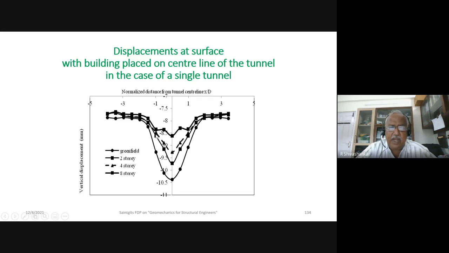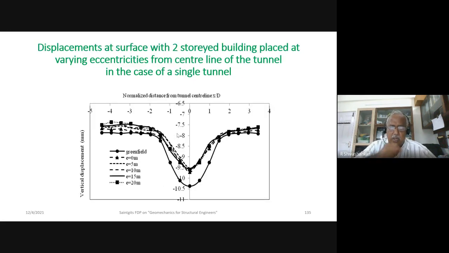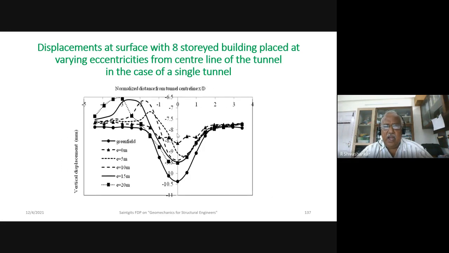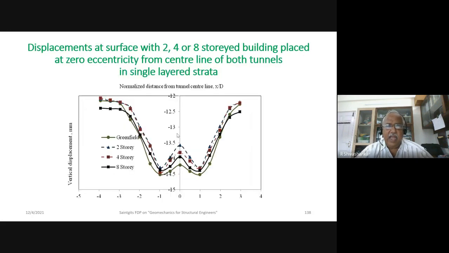So greenfield, that means without the tunnel, this was the greenfield without the building, this was the settlement. But as the building is provided, the settlements were seen to reduce. That may be due to some arching action. So this is a two-storied building at varying eccentricities, and four-storied building at varying eccentricities, and eight-storied building at varying eccentricities.